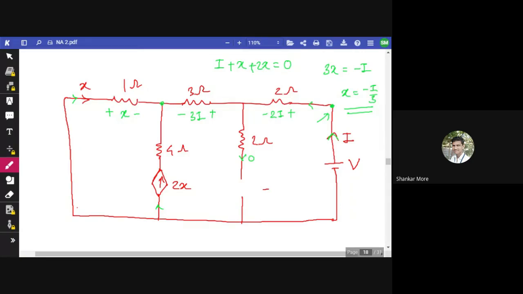Yes or no? Yeah. Now, see, we are going from positive to negative. We are going from this side, and we are going from positive to negative. So what will happen? The voltage here will be V minus 2I. At this point, the voltage will be V minus 2I.